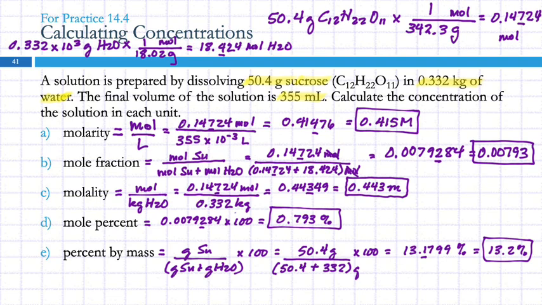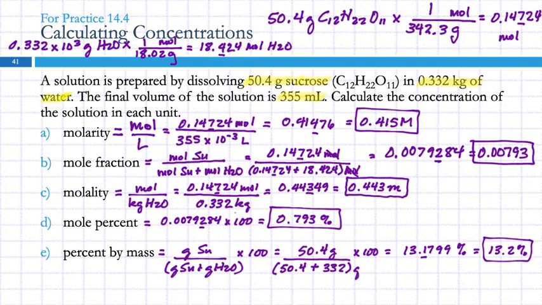Any questions? So you should be able to do calculations like this. I do not expect you to memorize the formulas for all of these different concentration units. So those will be on the list of useful information. So you should look at that and make sure that you understand what all the variables and symbols mean.